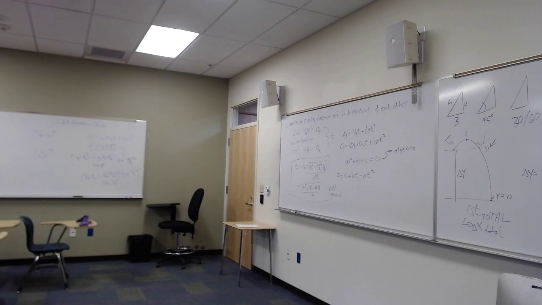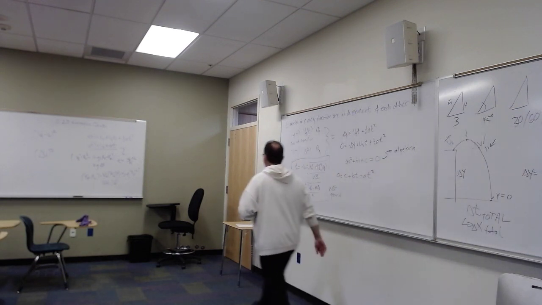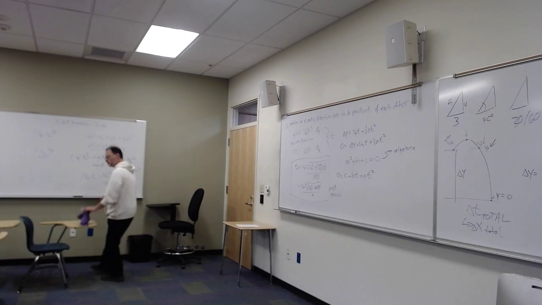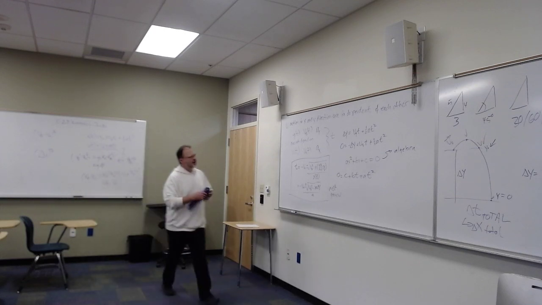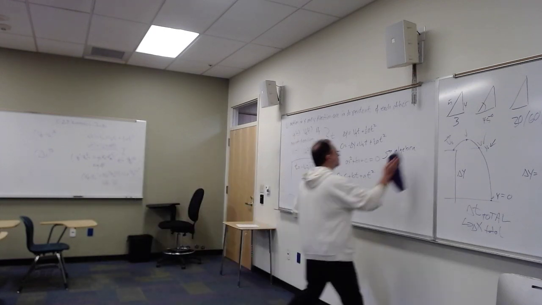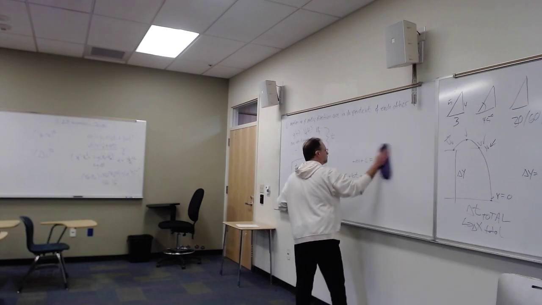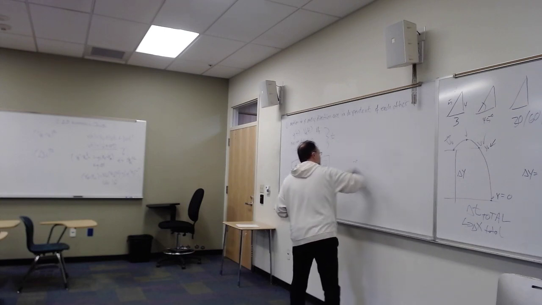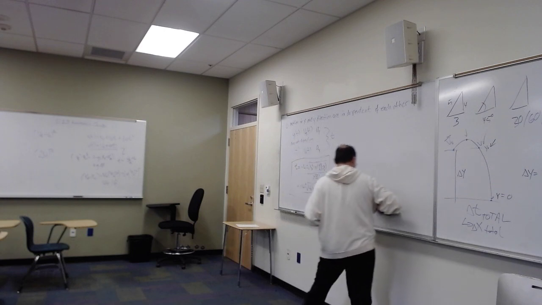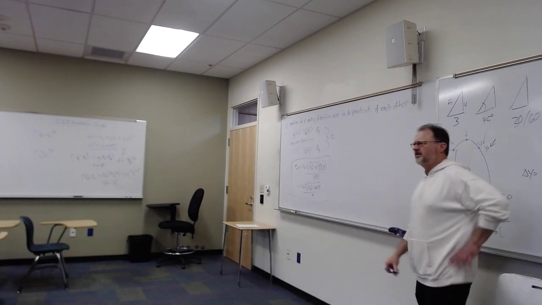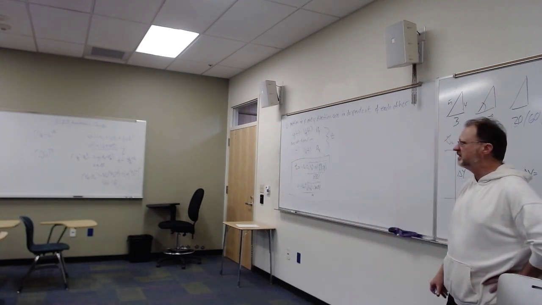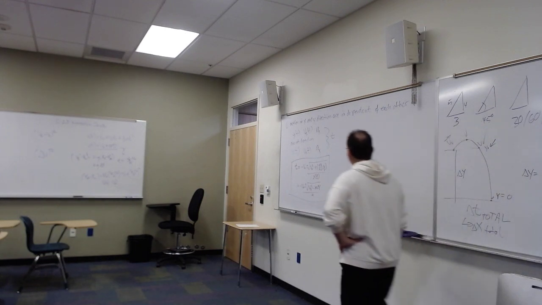What about in situations where, okay, so if we have velocities, there's just not that many problems where they're going to ask you what's the final velocity. Some things will need that.